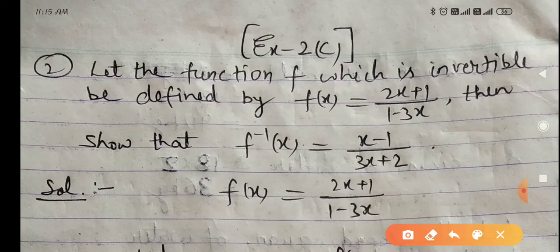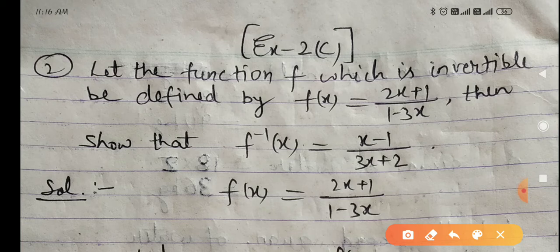You can see question number 2. First of all, invertibility means inverse function. How can you find whether the given function is invertible? If the given function is a one-one function and an onto function, then you can say the given function is an invertible function and you can find its inverse.